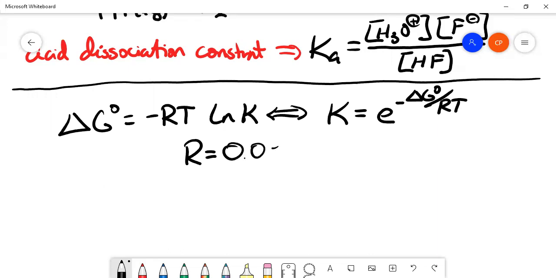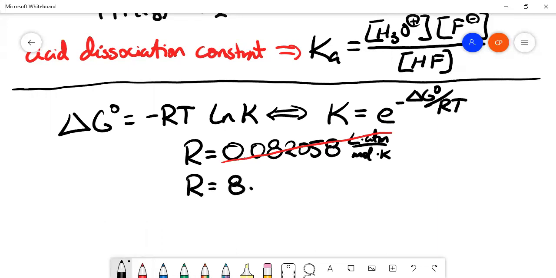So I'm just going to do this little bit of writing down here. So I can take this and line through it for our purposes here, and then write down the value of R in joules per mole per Kelvin. And that's the value of R we're going to be using in these stories.